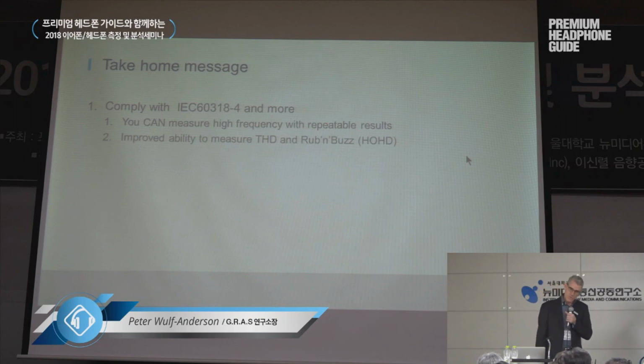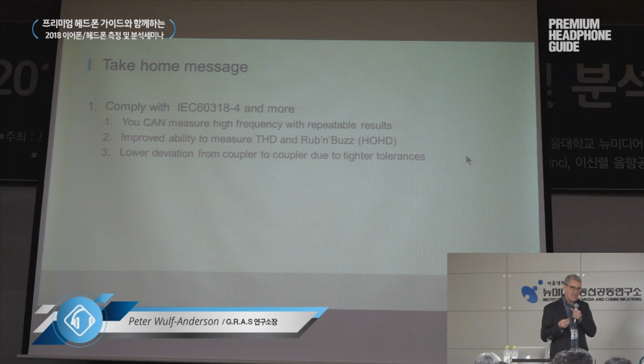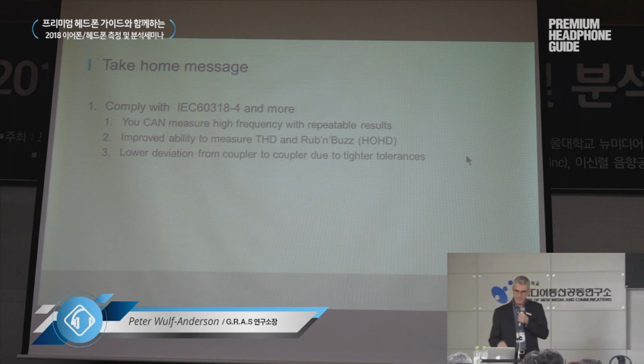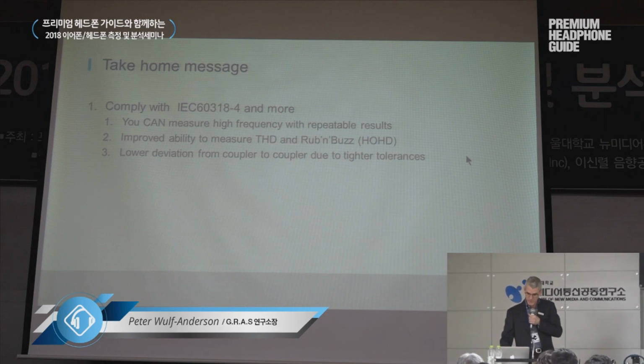You have an improved ability to measure THD and Rub & Buzz. Much lower deviation from coupler to coupler, so when you are comparing measurements between two setups, you know that the measurements will be very, very alike due to tighter tolerances up to 20 kilohertz.